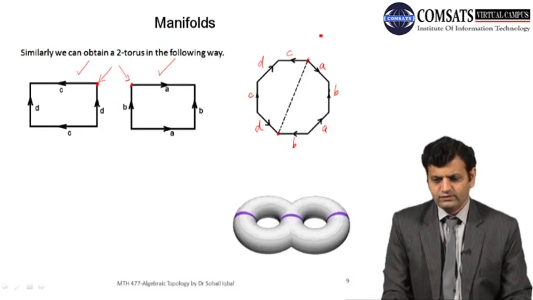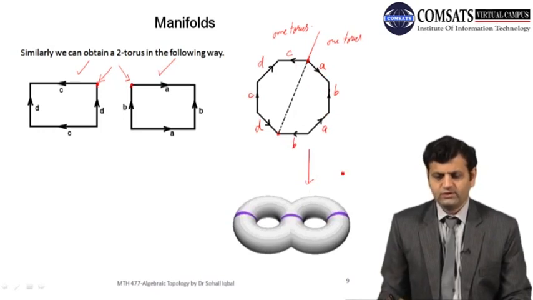Of course this is one torus, and on the other side we have one torus. So now we cut them down and join them in one polygon, and when we identify the sides with the same labels, we obtain this two torus.